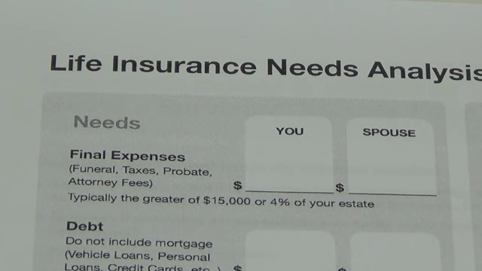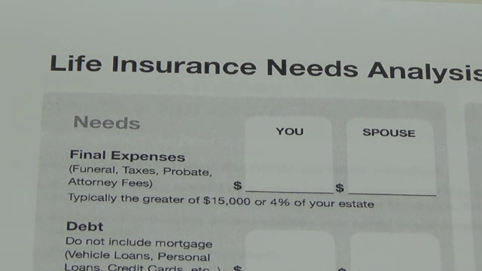These are your numbers, so I want you to think about how much you want there. Also under final expenses, you want to think about any taxes or probate costs. Also, any attorney fees. Typically as people get older and they acquire assets, there can be probate costs. And when we get together, we can talk more about that.